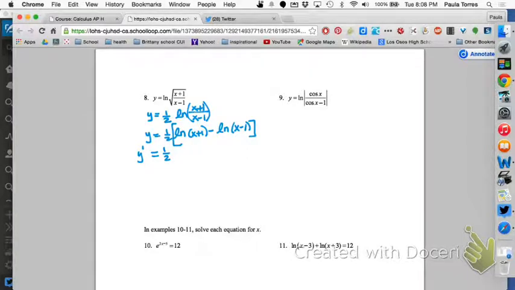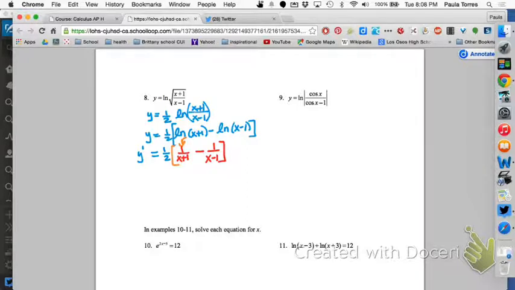And then for this first one, I have to do 1 over, got a little carried away with my arrow. So 1 over the stuff times the derivative of the stuff, but that would be 1, minus 1 over the stuff times the derivative of the stuff, but that'll be 1.